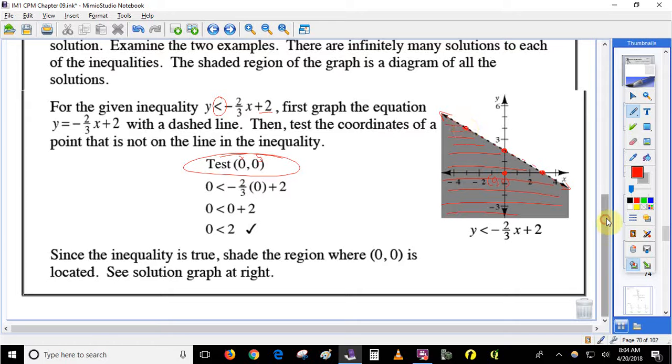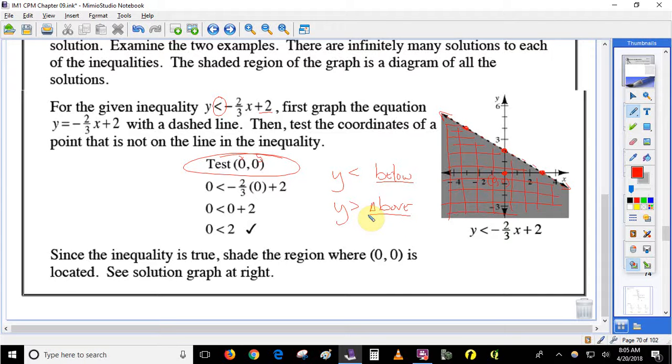There's a little bit of a shortcut here. It's still good in some cases to test the points, but if you write your y to the left of your inequality sign, then anytime you have a less than, you're going to shade below the curve, and anytime you have a greater than, you're going to shade above the curve.